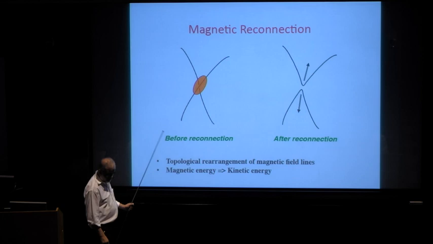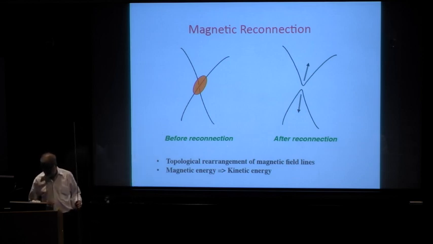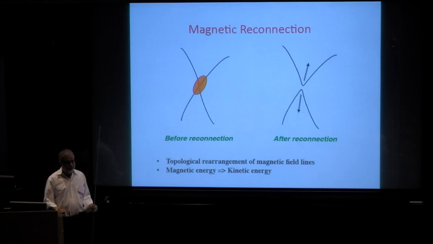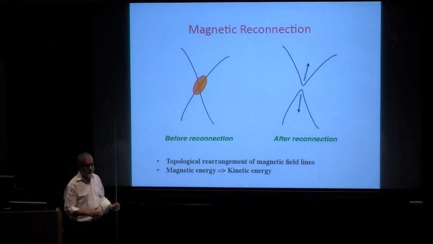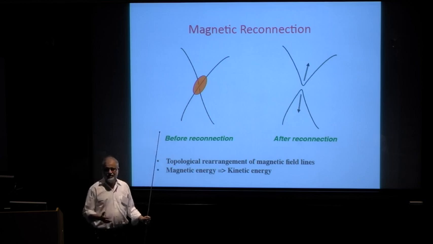And as you know, the reason why this is a process of great interest is because the universe presents us with a great reservoir of magnetic energy, which in an ideal plasma is hard to release. Through ideal dynamics in the system, you can go from a higher to a lower energy state, but that energy conversion is so much more efficient if you actually have dissipation in the problem.